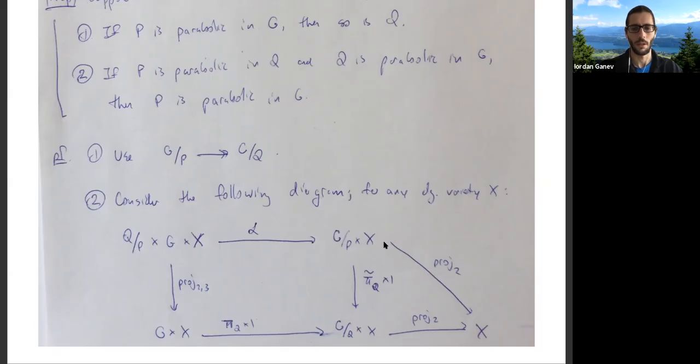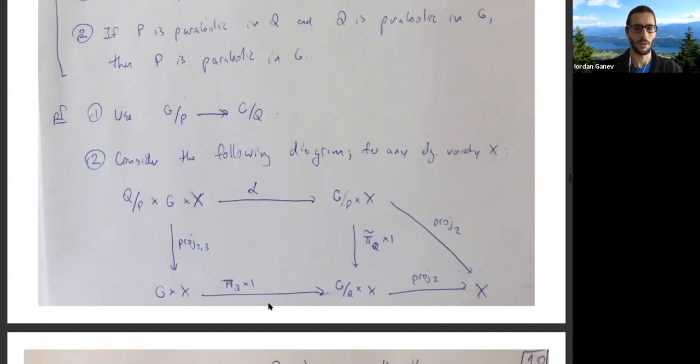But that doesn't automatically give us anything here. We need to do more. So we write this commutative square here.